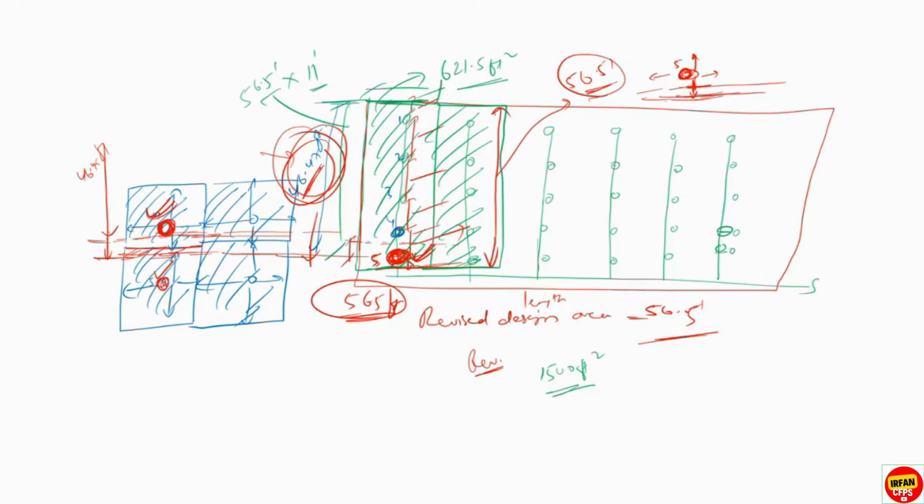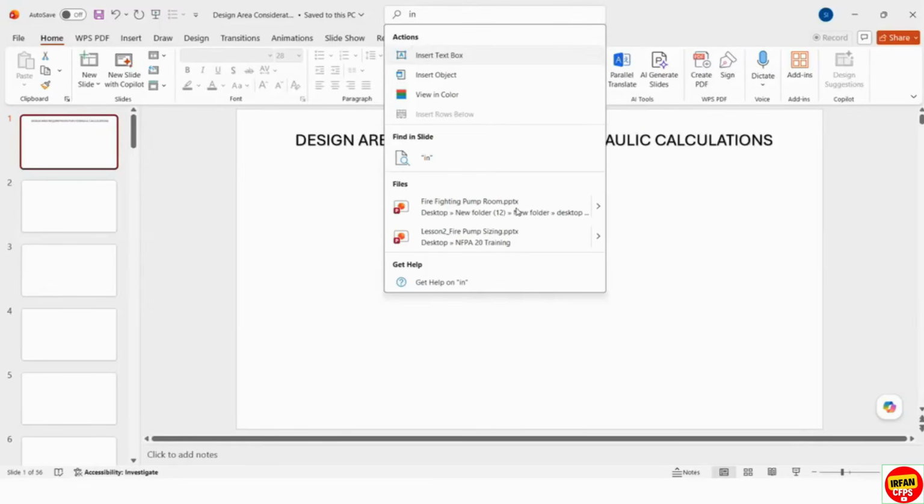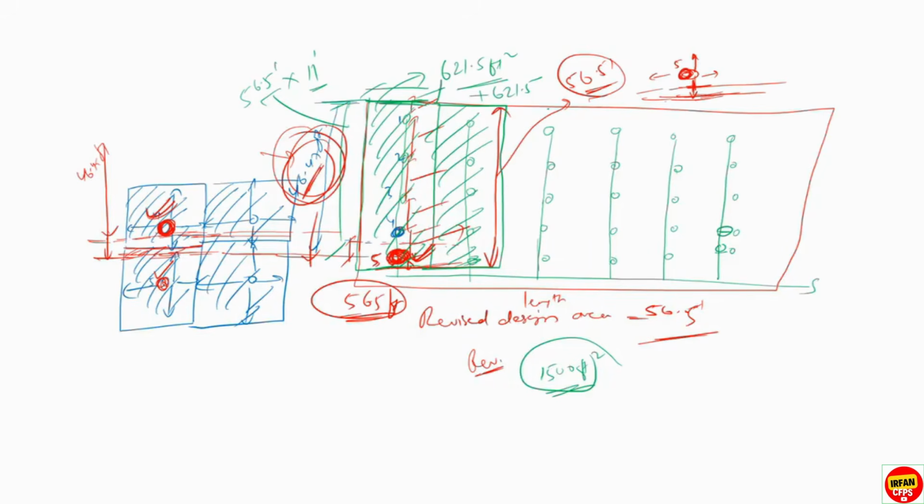Now you are doing reverse engineering to select the total number of sprinklers based on the design area. So now again you consider 621.5. 621 plus 621, you got 1242. Oh, sorry. 1242 you got.